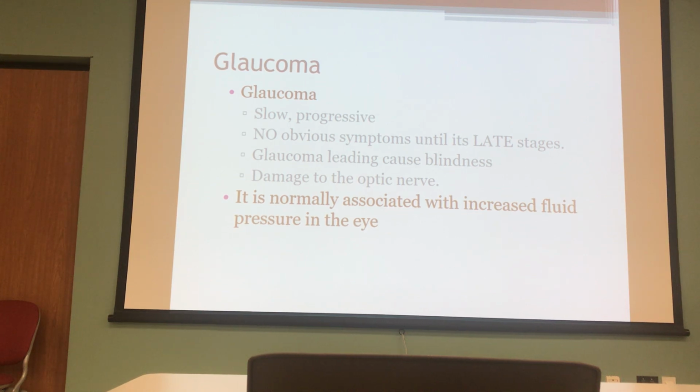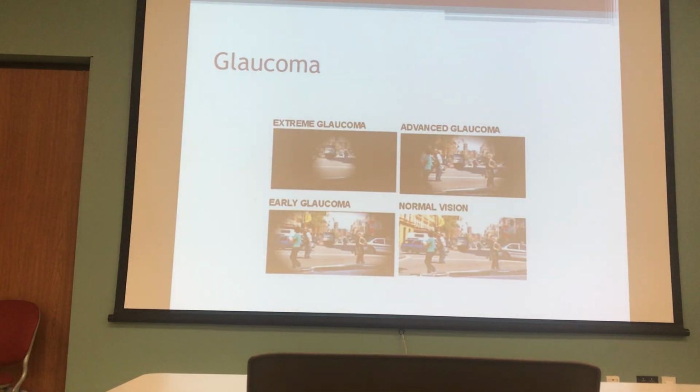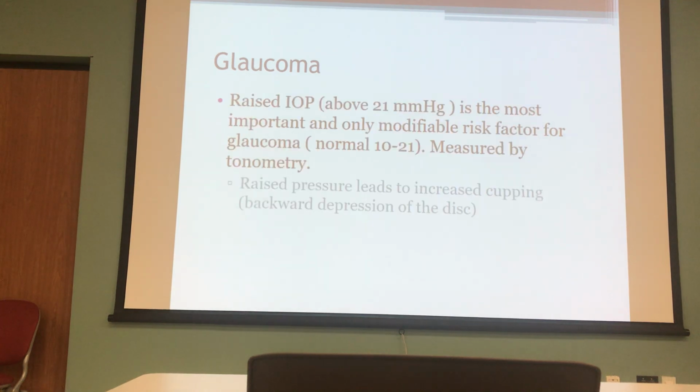Usually what happens in these patients, peripheral vision is gone, central vision is preserved. Okay? They're the opposite of macular degeneration. We talked about this. See? All the peripheral vision is gone, and they can just see in the middle. Early glaucoma, normal vision, advanced glaucoma, and then extreme glaucoma.